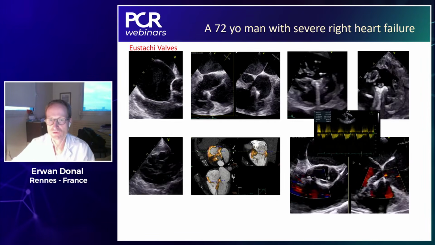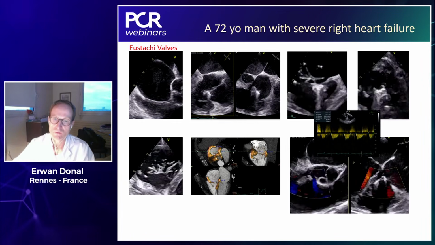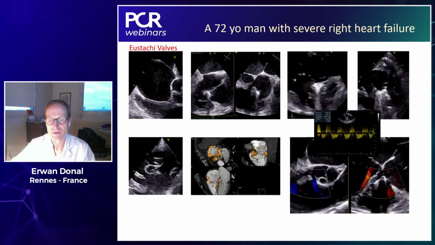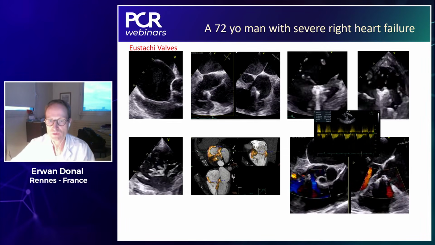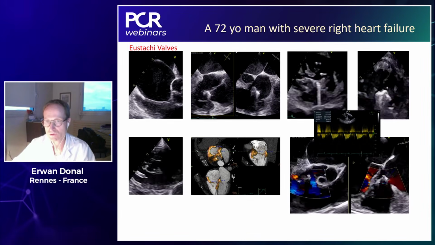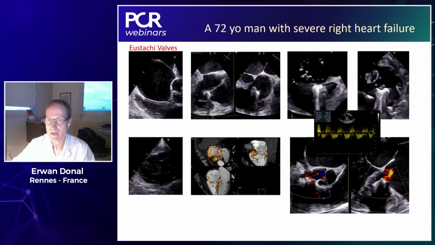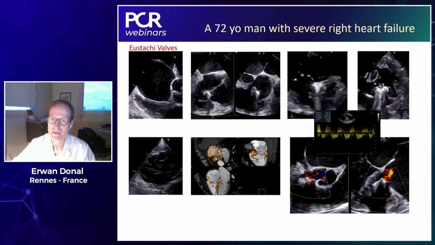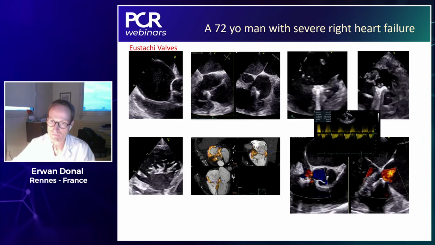And then we will use the transesophageal approach, the biplane mode, to guide the motion of the catheter in the right atrium. And then we will move to the transgastric view to perfectly cross the valve and to put the device in the perfect location where we want to implant the device. And most of the time, we start by implanting devices between the septal and the anterior leaflet.